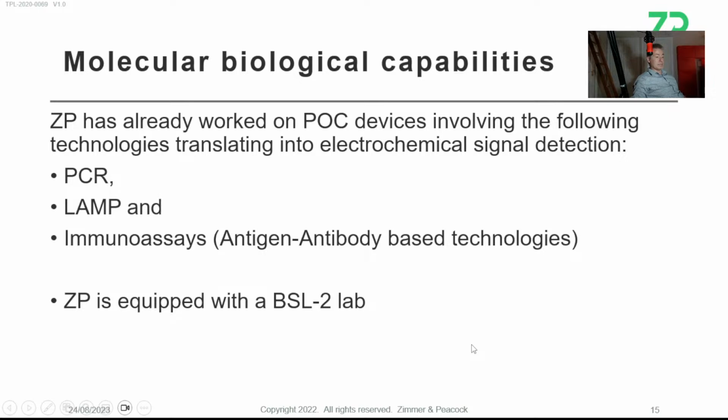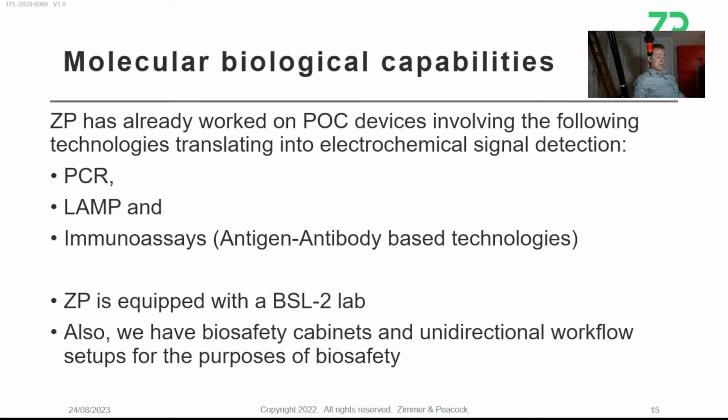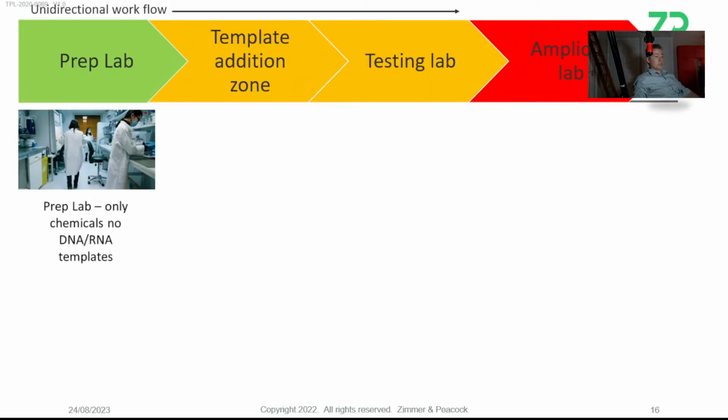So we're quite set up to do amplification and detection. Sometimes we don't actually do that amplification. We just detect the pathogen directly. And we also have the biosafety cabinets and a unidirectional workflow purposefully for this kind of work. So what do I mean by unidirectional workflow? It's not enough just to say I'm going to do an electrochemical molecular assay.